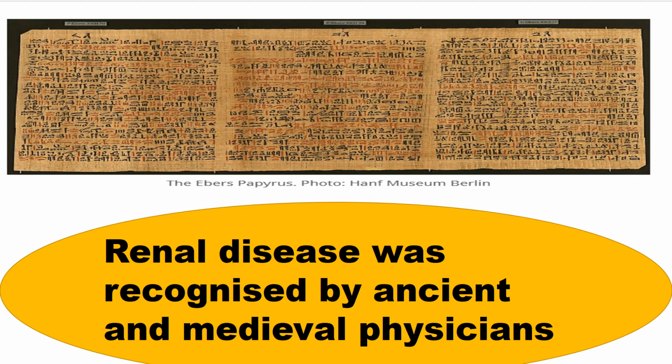This is an example of an ancient Egyptian manuscript, and included in that manuscript is a description of renal diseases such as blood in urine, reduced urine output, and kidney stones. In fact, as we get into ancient Greece, we find physicians such as Galen describing reduction in urine output in his patients.